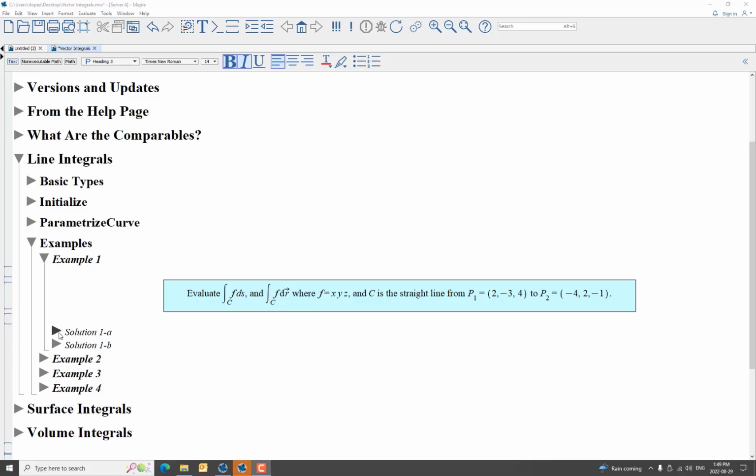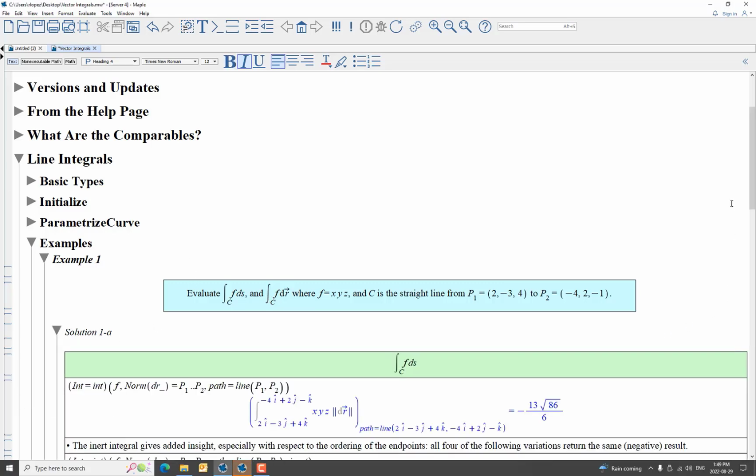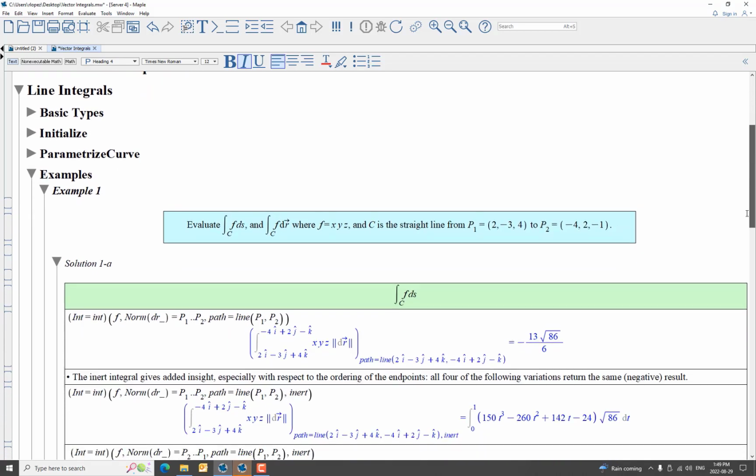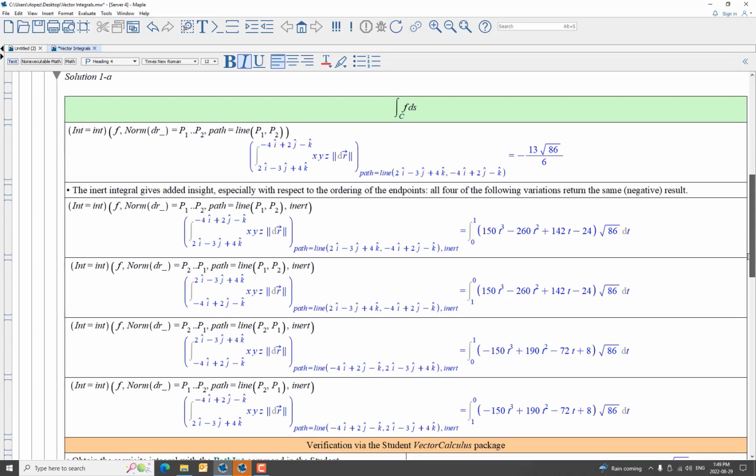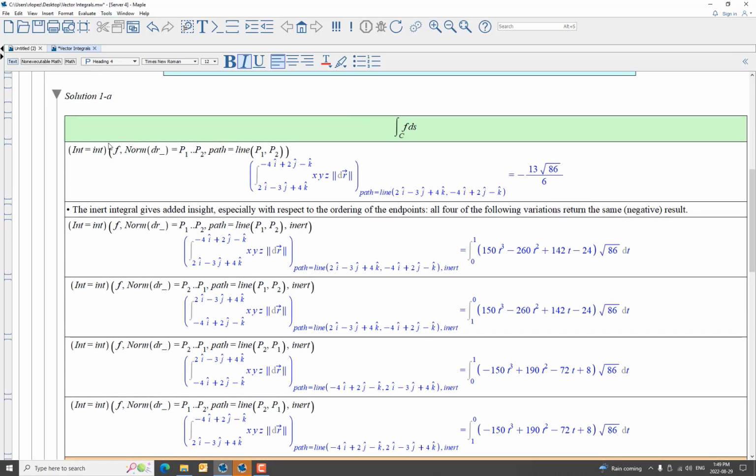Let's look at the solution to the first integral. This is a trick that you'll see in the help page for these vector integrals. Int equals Int applied to. So what happens is with the uppercase I, you get the unevaluated integral. Lowercase, you get the evaluation of the integral.